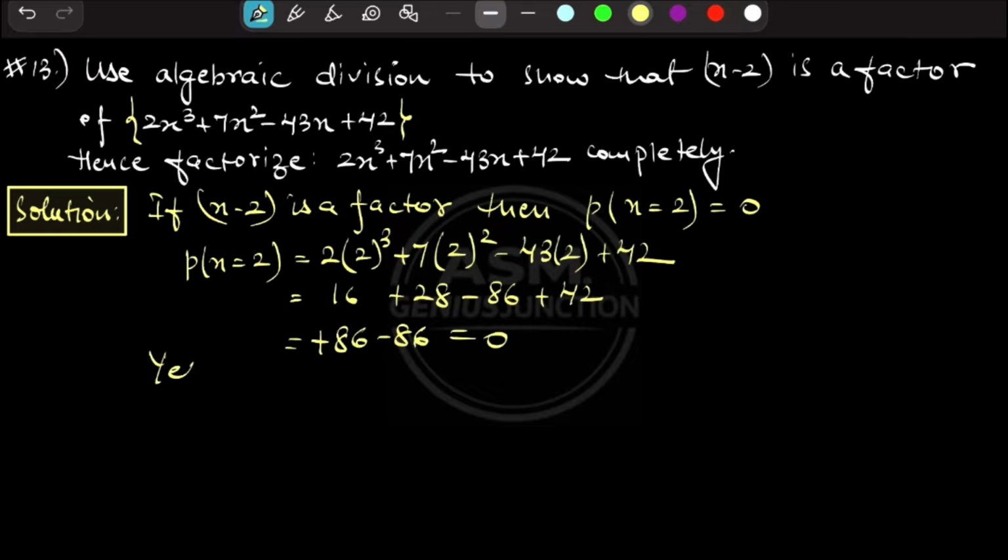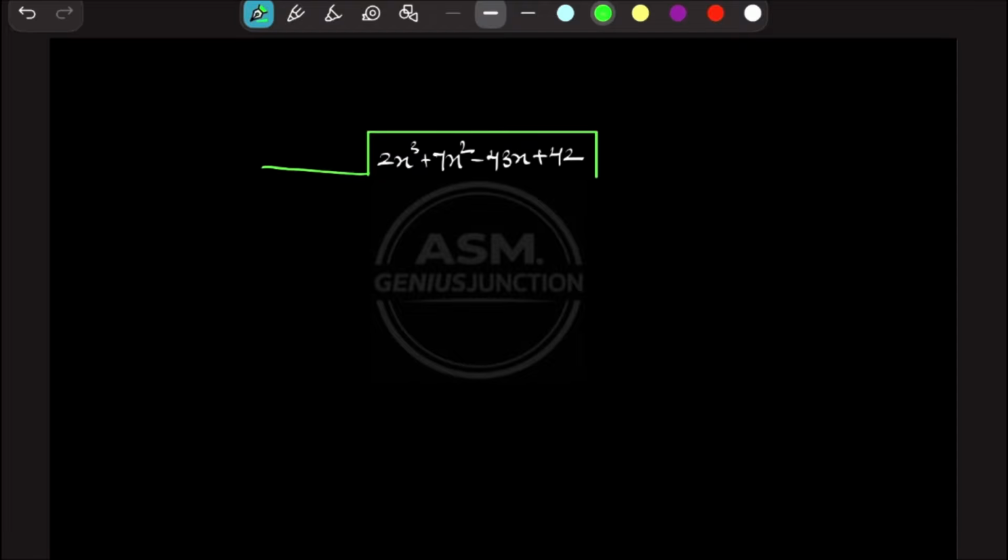Yes, so we will be dividing this complete expression with x minus 2. So I will write x minus 2 on this side. On the other side, I'm going to get my quotient. Again, this is my rough space. One by one, I will try to note down the things.